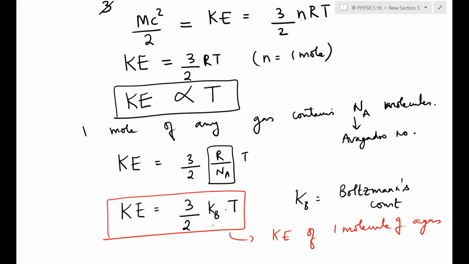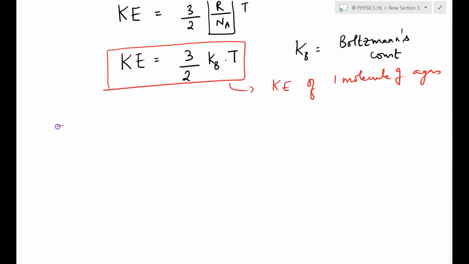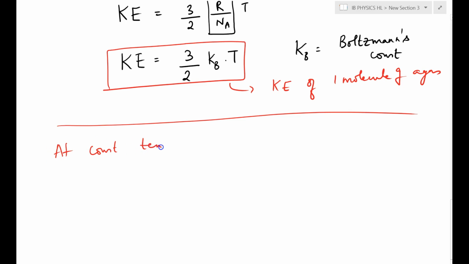So having understood what pressure is and what temperature is, can you give an explanation for these 3 laws? Boyle's law, which says that at constant temperature, pressure is inversely proportional to volume. So can you think of an explanation as to why, when you keep the temperature constant and the volume decreases, that means you compress the gas in the container, the pressure increases?